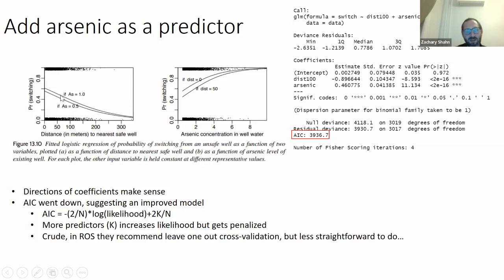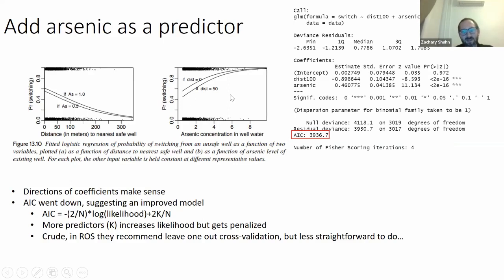So this is how you can visualize the combined associations, or the joint associations between the two covariates and the outcome. By looking at the difference between the two lines, you see the association between arsenic and the outcome at any given value of distance. And for each value of arsenic, the whole line gives you the association of distance at that value of arsenic.